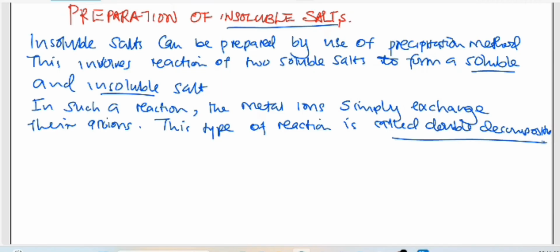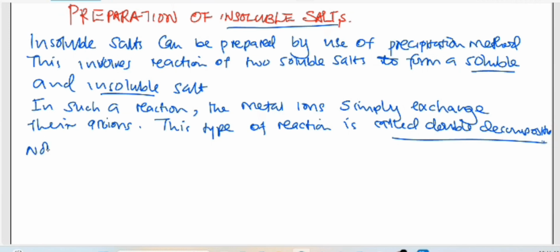You're supposed to know that we have some changes that occur in the physical states of these ions.